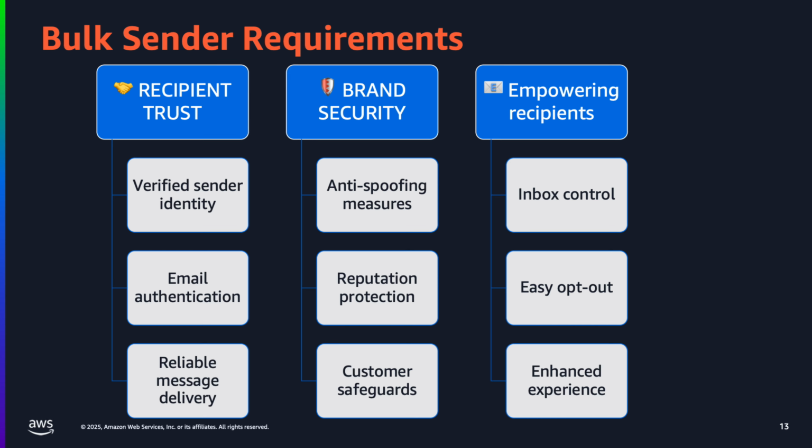Authentication protocols make it significantly harder for bad actors to spoof legitimate businesses, safeguarding your organization's reputation and customer relationships. Third, empowering recipients. Easy unsubscribe options give recipients control over their inbox experience, which helps to build trust between you and your recipients.